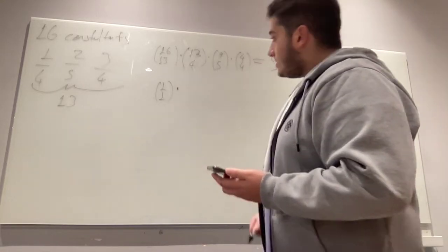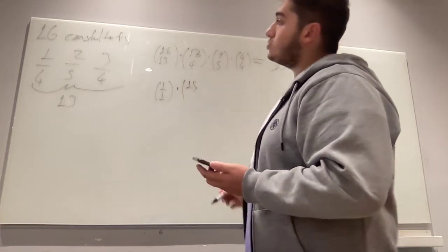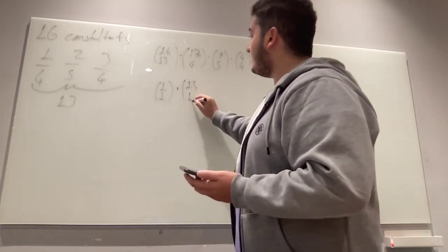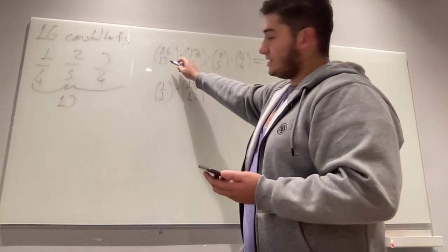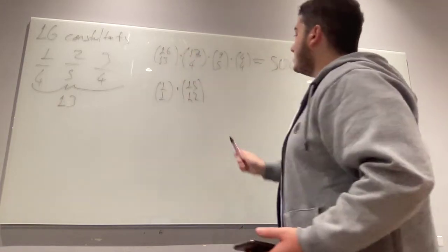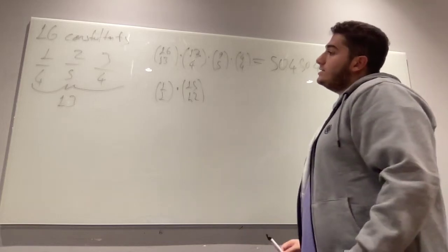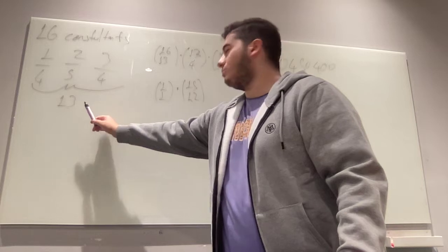I have selected Ahmed, so I have 15 other consultants to select for other projects. And I need to choose 12 of 15. Why 12? I chose 13 from 16 in the first part, but here it's 12 from 15 because I need 13 persons to be involved in projects.